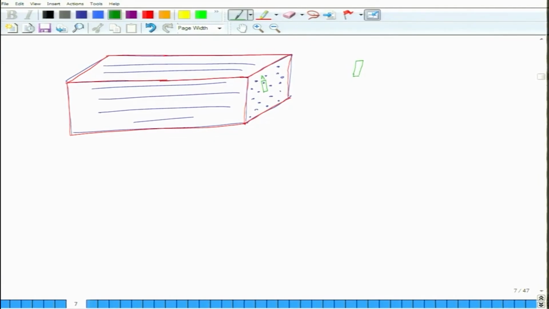And then I can cut another material, sample B. So, how does sample B look like? Sample B looks like this, right. So, this is sample A and this is sample B.